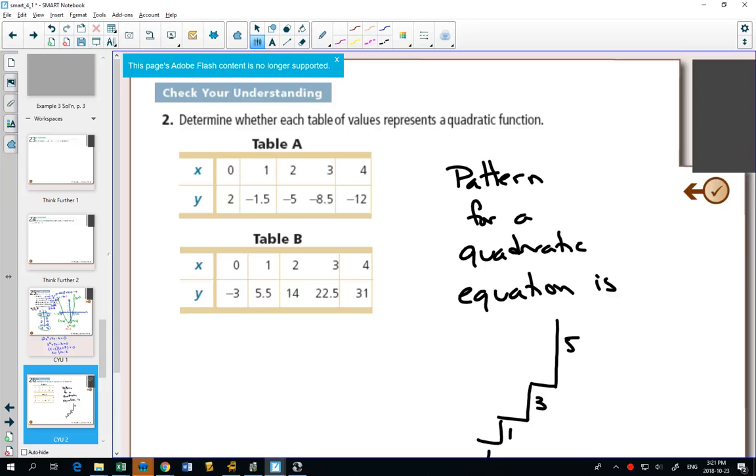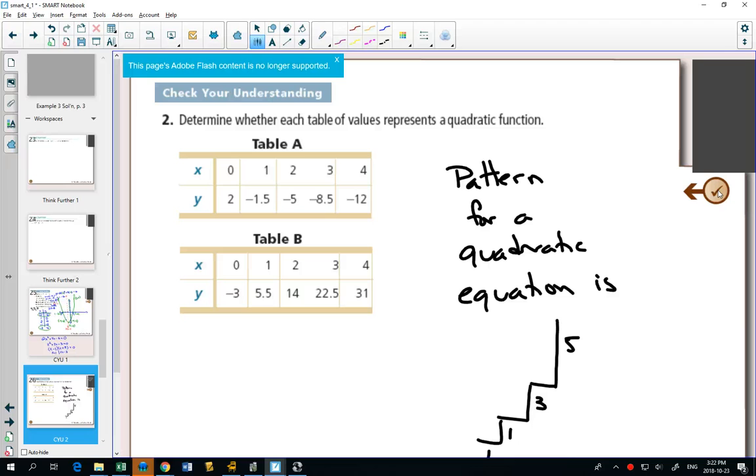So what we're going to want to find out is if either of these follow that pattern or not. And this is not a very typical question. But right now it's just sort of to get you used to the idea of what parabolas look like.